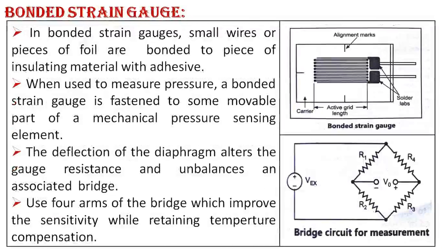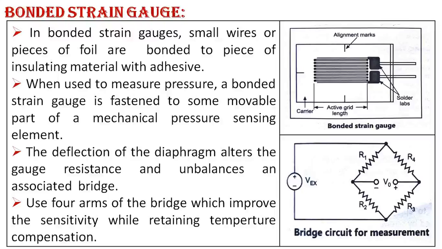Bonded strain gauge. In a bonded strain gauge, small wires or pieces of foil are bonded to a piece of insulating material with adhesive. See the diagram, first one. When it is used to measure a pressure, the bonded gauge is fastened to some movable part of the mechanical pressure sensing element.